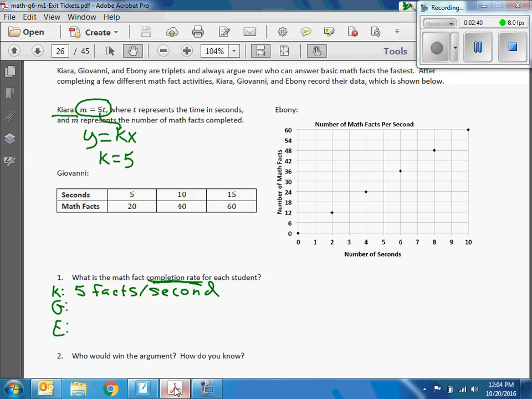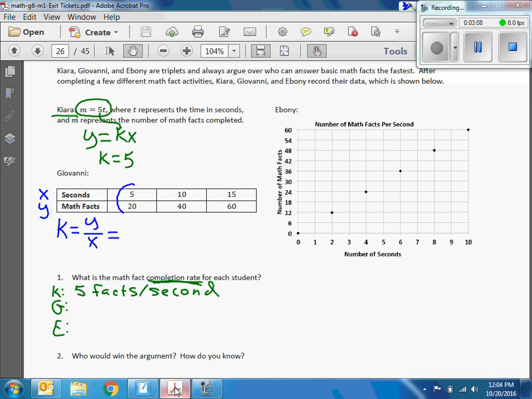Okay. All right. So in an equation, something equals a number times something. The number is our K. K was 5. When we're given a table, X is on top, Y is down below, and we use the equation K equals Y divided by X. Well, in this case, I can choose any one of these three values.